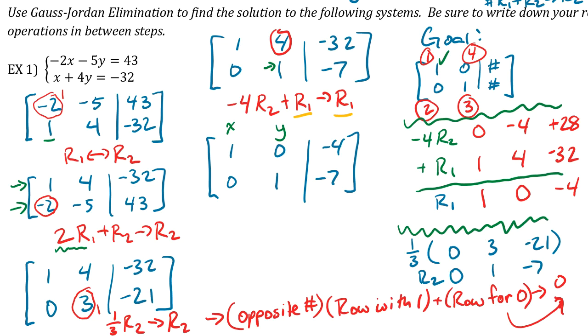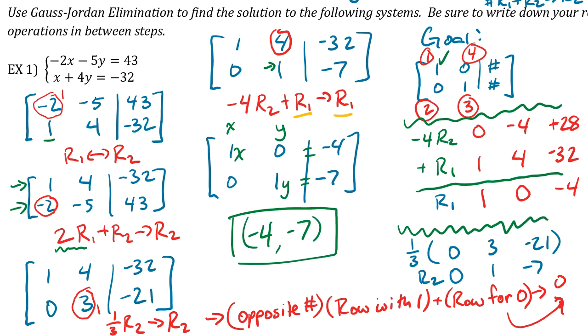So what this is actually saying now is x equals -4. Y equals -7. It just gives us our answer on the right. All right, so x is -4, y is -7. Put that in our ordered pair, and we're done.